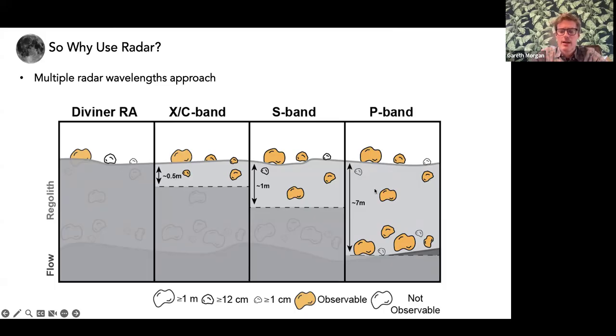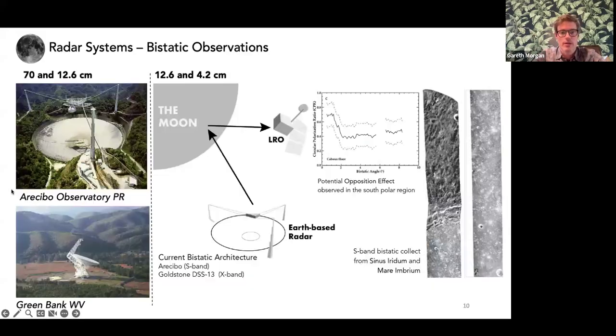Whereas P-band, in some areas, we believe can penetrate completely through the regolith and actually interact with what's left of the underlying flows. And so by comparing all these, and also to other data sets such as Diviner, we can get a better idea of what's going on in the regolith, the surface and subsurface.